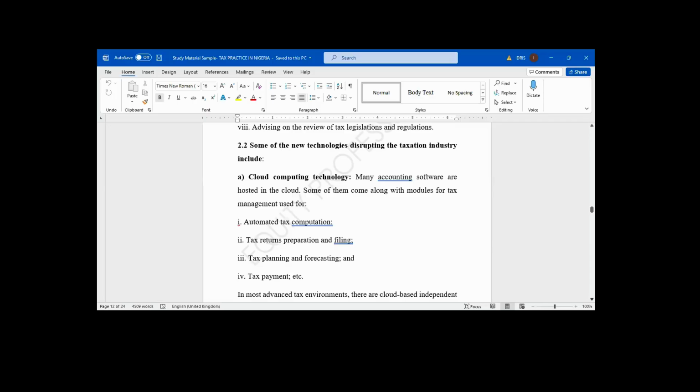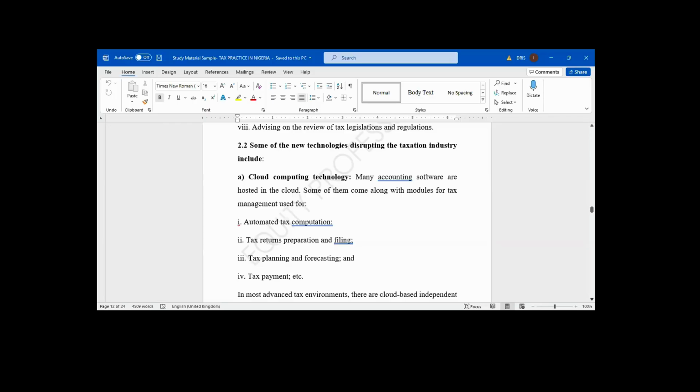We call them new technology disrupting the tax industry. One of them, which helps them do their job efficiently and effectively, is called cloud computing technology.